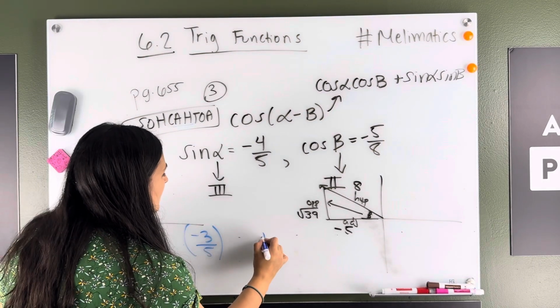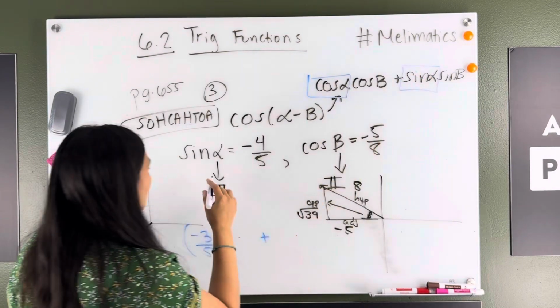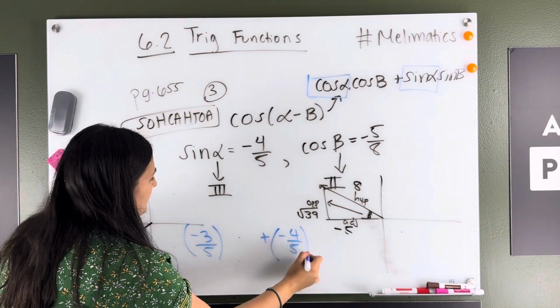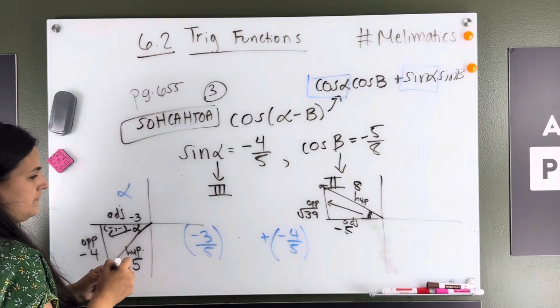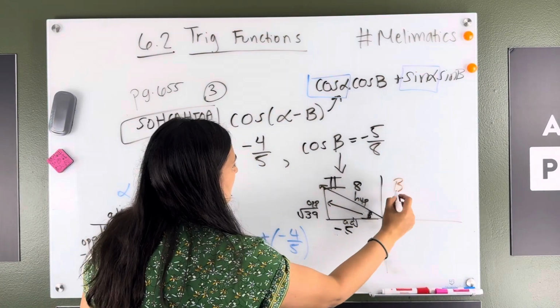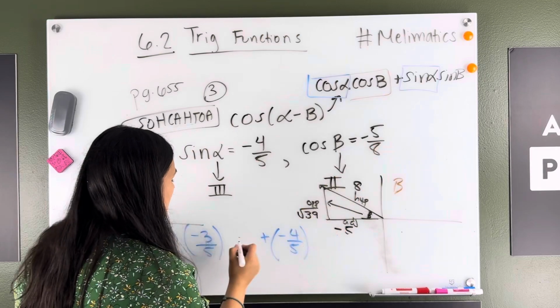We also have to get the sine of alpha, which is given to us: negative 4 over 5. That's alpha. Now we need to get beta, so we need the cosine of beta, which was given to us.